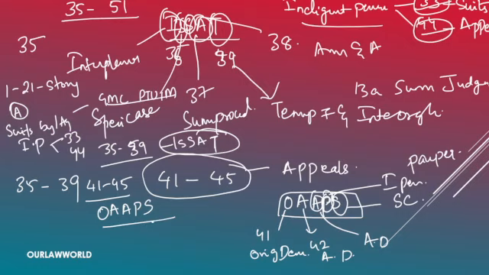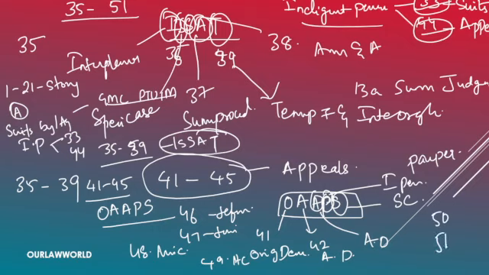And the rest of the orders you just need to remember. So 46 reference, 47 review, 48 miscellaneous, 49 chartered high courts, and the last two orders, 50 and 51, provincial small cause courts and presidency small cause courts.